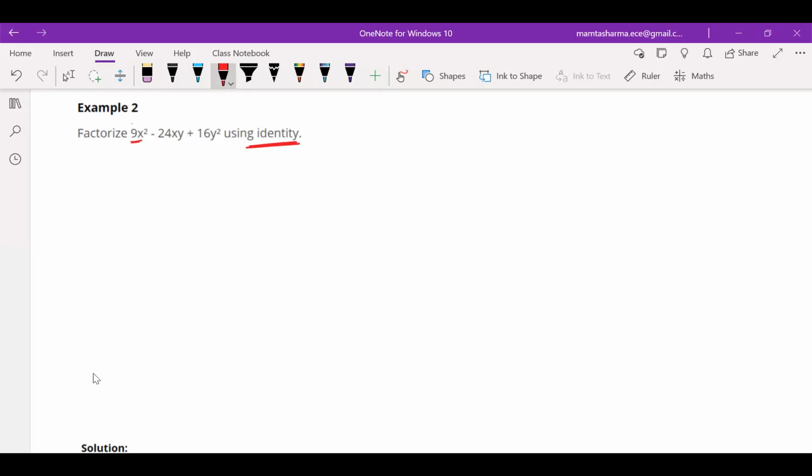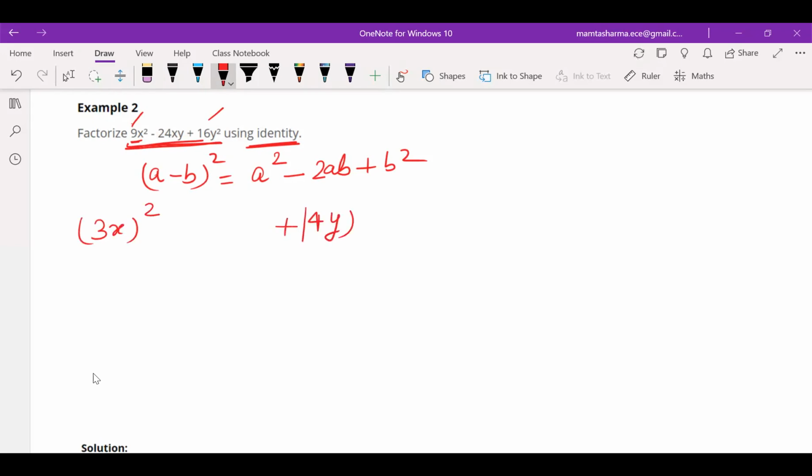Since you know that in the identity (a minus b) square, you get the result a square minus 2ab plus b square, now check with this expression. The first and last terms are perfect squares of 3x and 4y. Now verify the middle term: it should be minus 2ab. From the first and last terms, a would be 3x and b would be 4y.